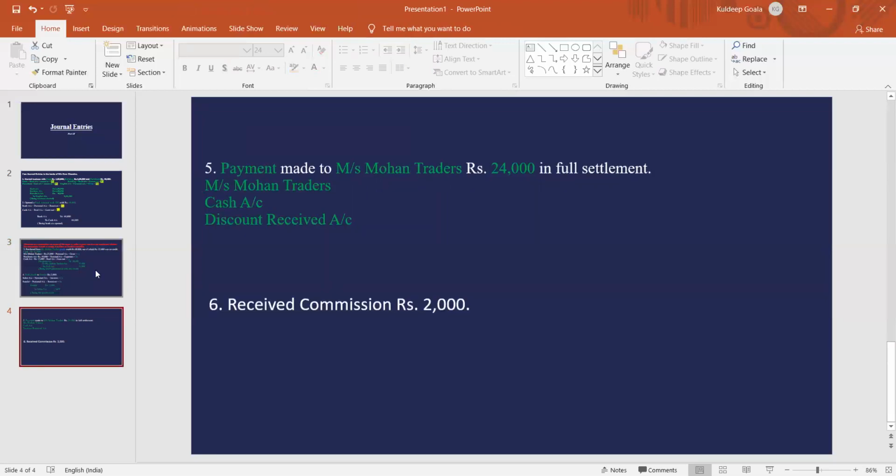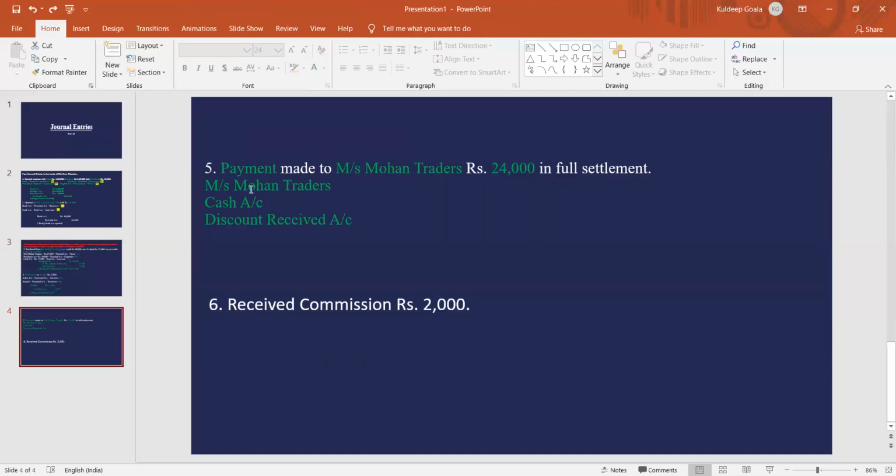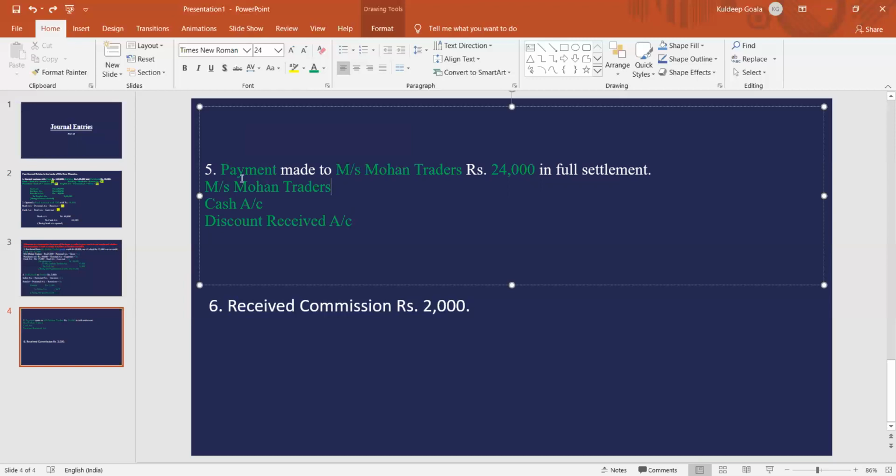But in this transaction it is told that the payment was made, so there is a movement for cash, okay. So what are the items you got? One was Mohan Trader, then was cash, then was discount received, right? So this is what you have got from the transaction.